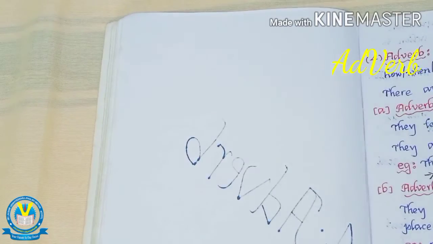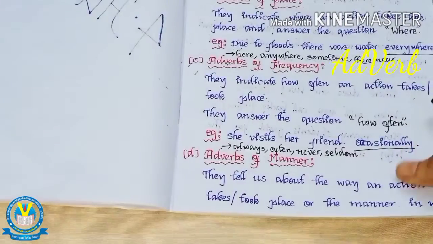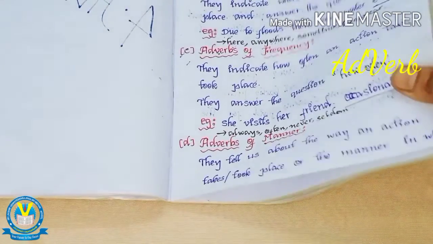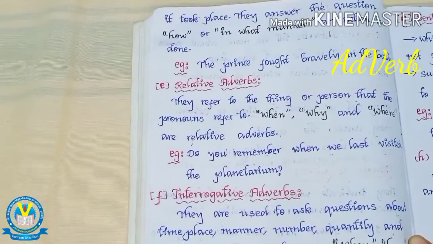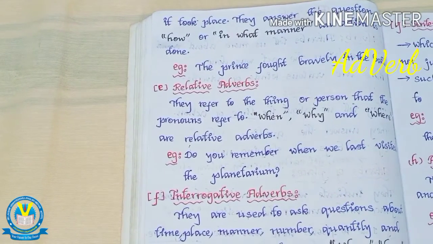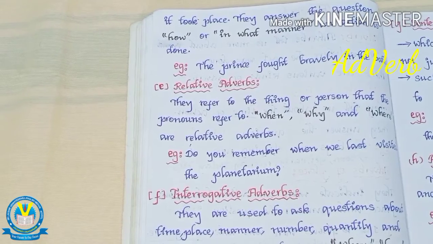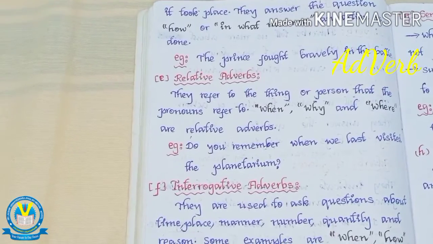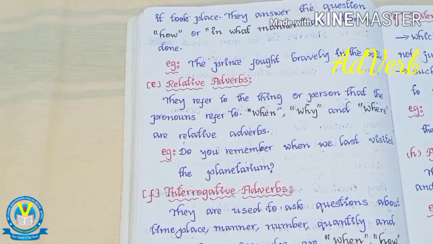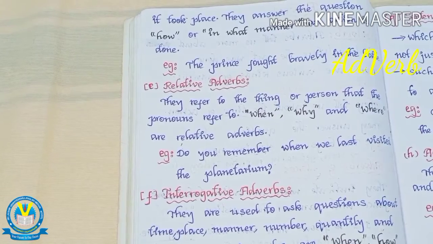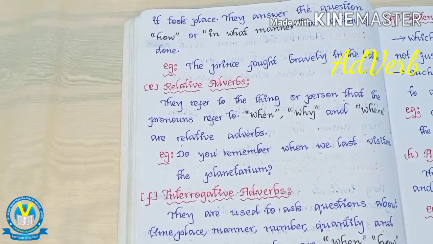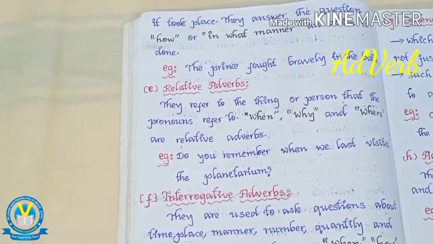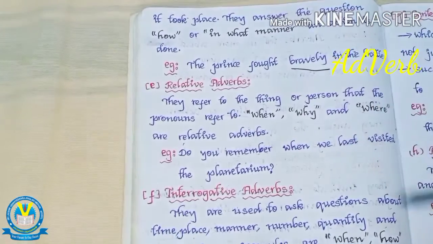It says mainly in what way the action is done. For example, the prince fought bravely in the battle. Fought bravely in the battle. Here, bravely.